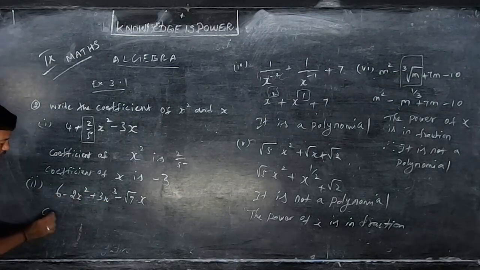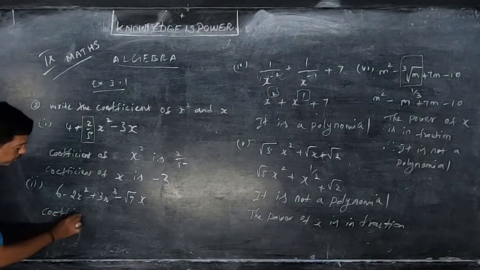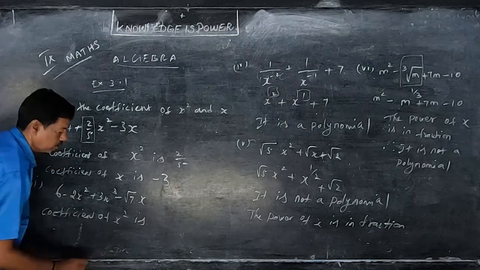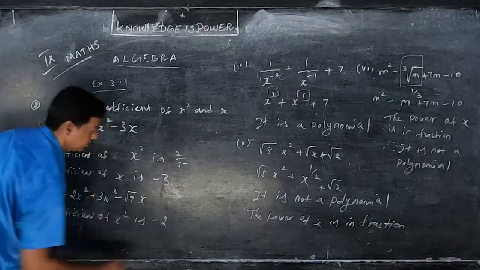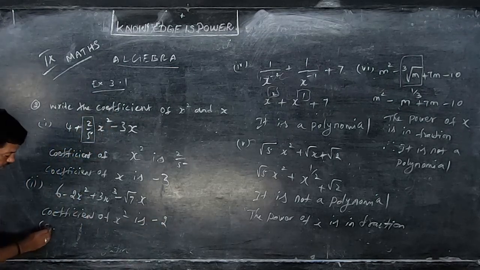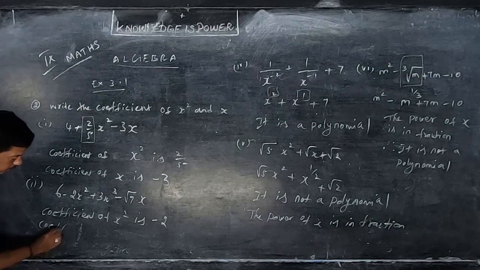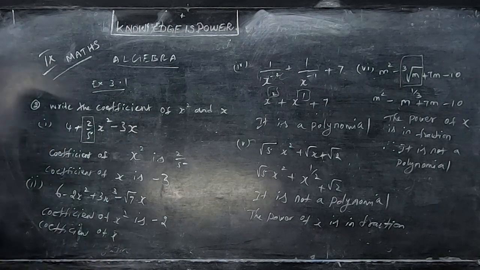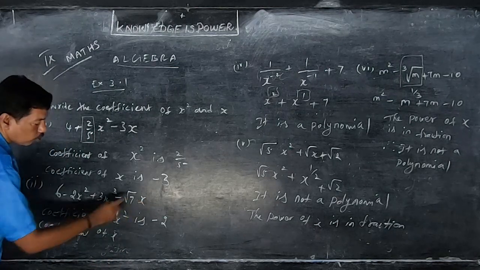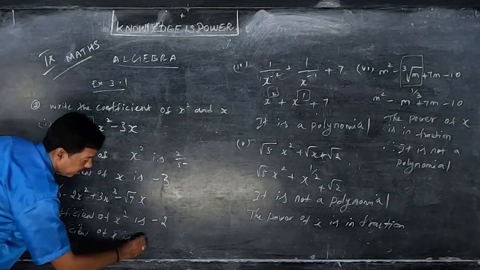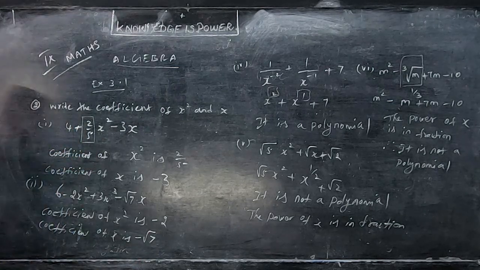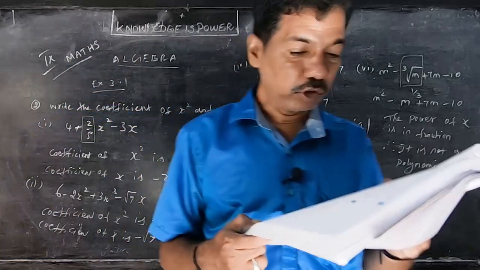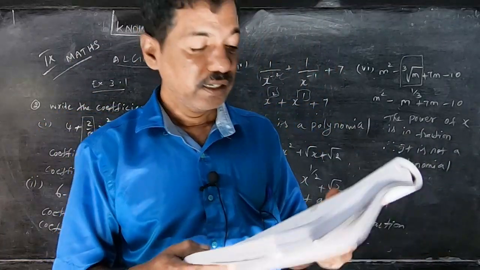So the coefficient of x square is minus 2. Then the coefficient of x is minus root 7. So the third, fourth and fifth ones you try as homework in the second question.